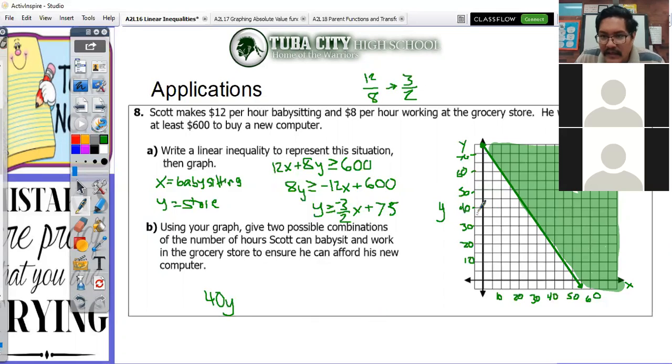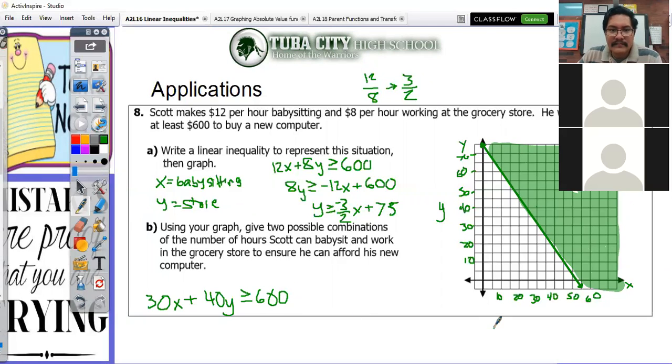Now, if he works 40 hours at the grocery store, how much would he have to make to get that computer for 600 bucks? And let's just play it safe and say that he can do 30 hours. So 30x plus 40y is greater than 600.